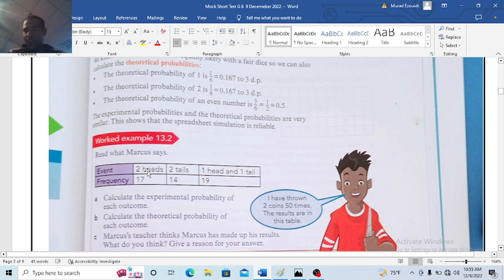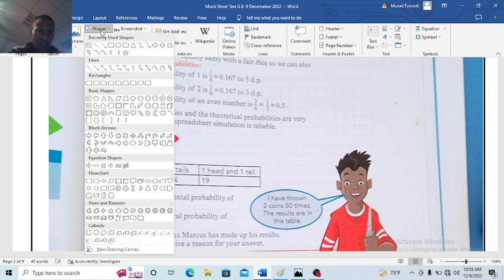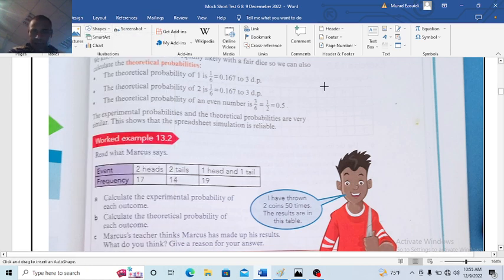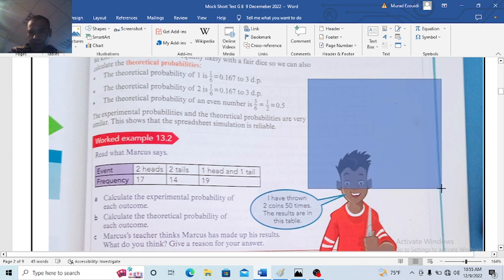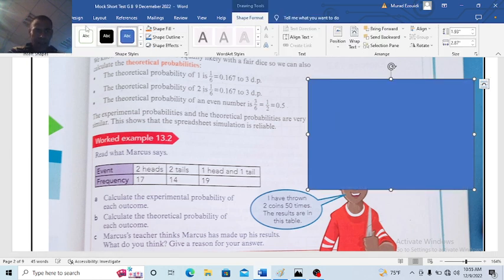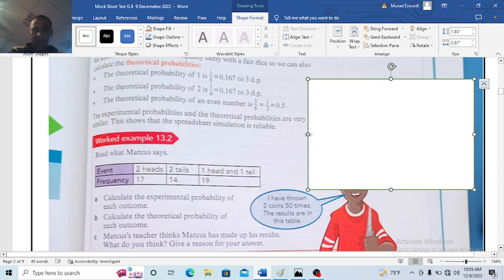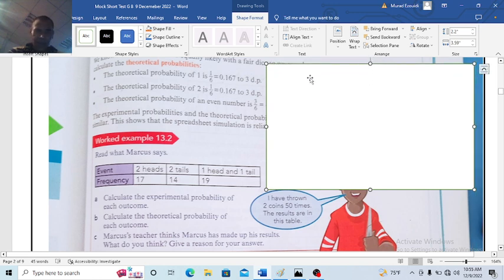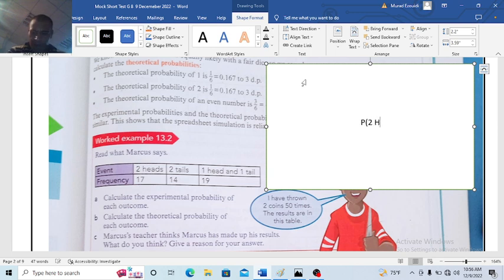So the probability of getting two heads is 17 divided by the total, which is 50.